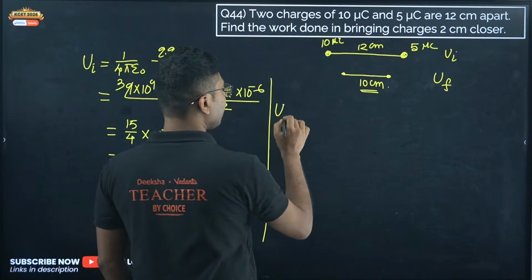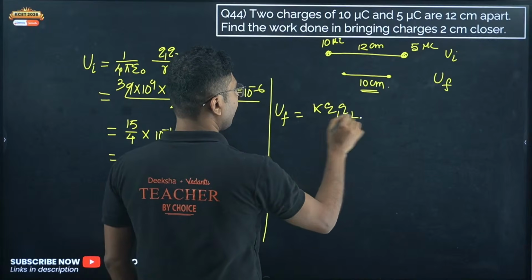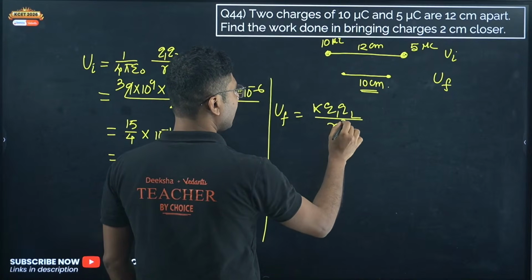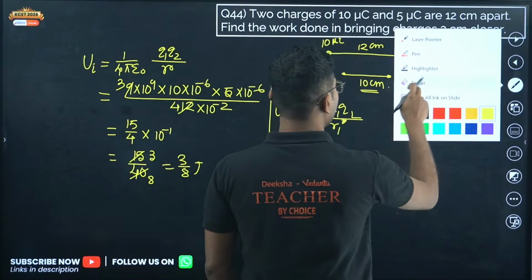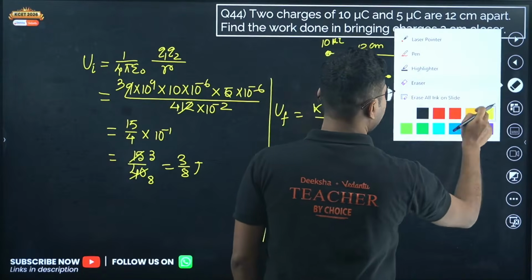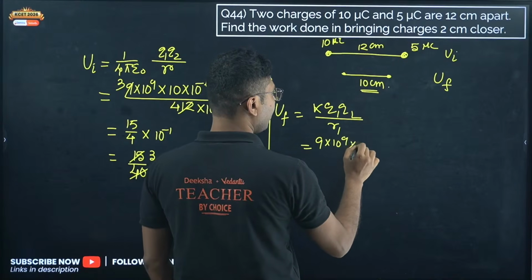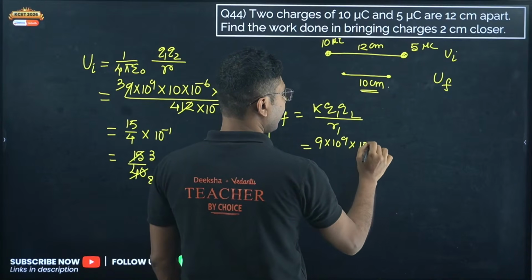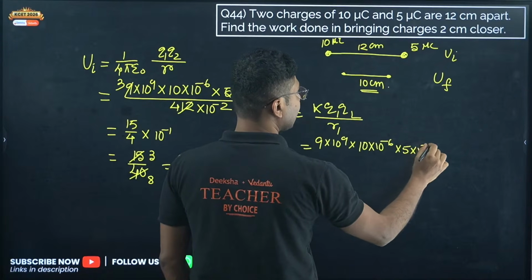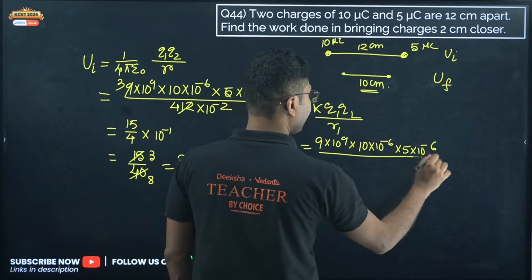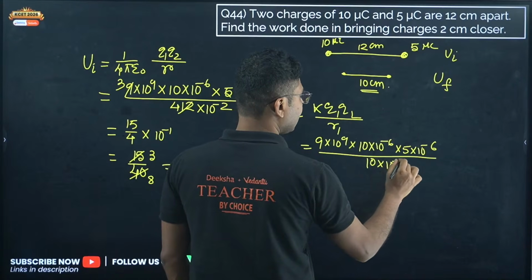So final potential energy is K Q1 Q2 by the new distance, R dash or R1, not square. So now it will be 9 into 10 to the power of 9 into 10 into 10 to the power of minus 6 into 5 into 10 to the power of minus 6 divided by 10 into 10 to the power of minus 2.